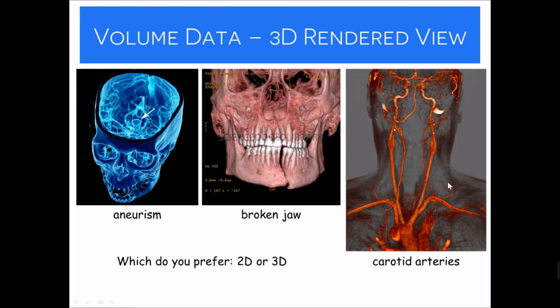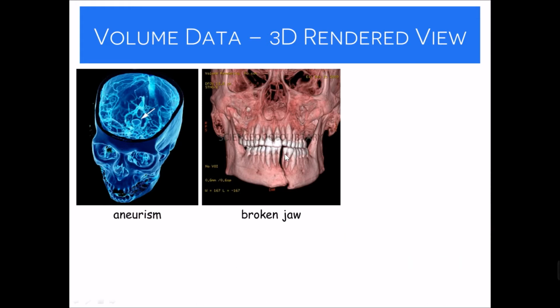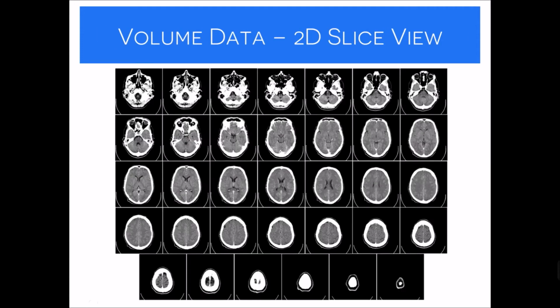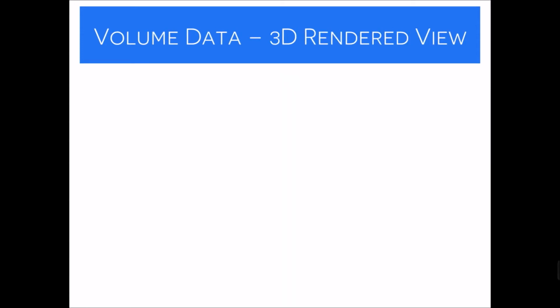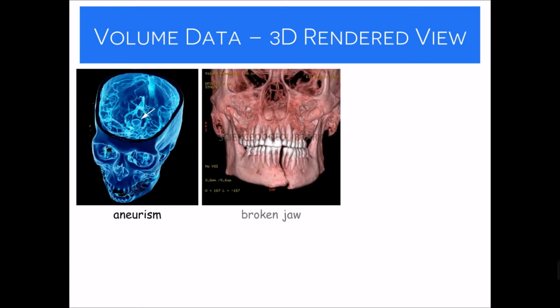All these are really acquired data with CT scans and then put together as a shaded object. So you can actually see three-dimensional geometry and structure. You can tell me what you like better, the three-dimensional object or this kind of slice representation. Same thing, just now this is volume rendered.